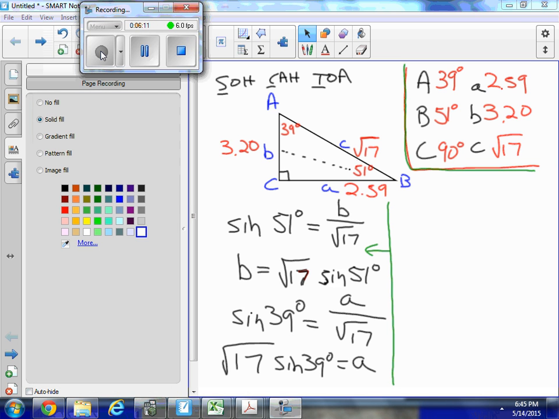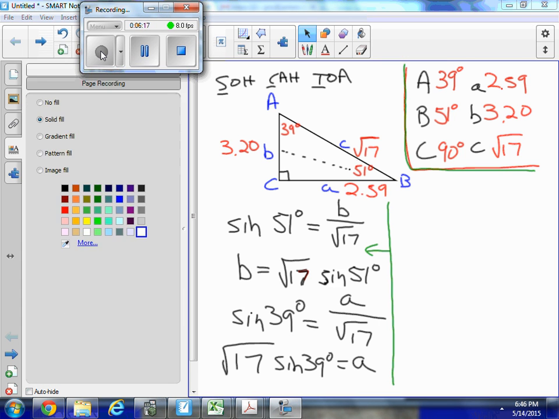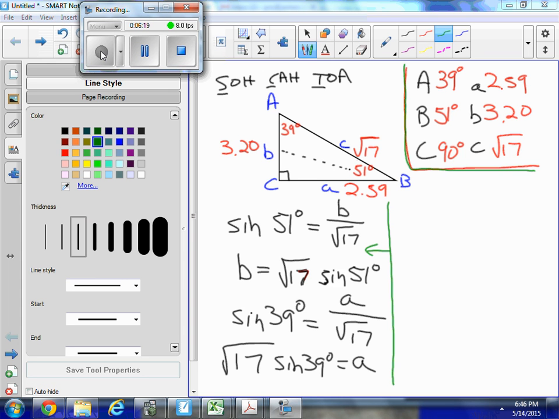Just to be clear here, I didn't have to use sine. I could have said that, for example, cosine 51 degrees would have been equal to A over radical 17.